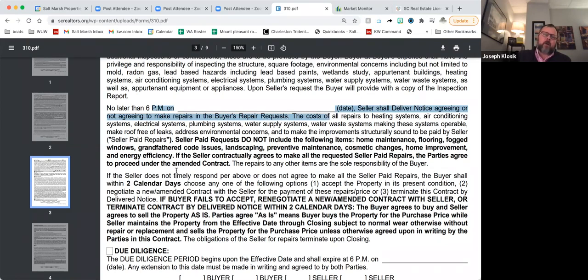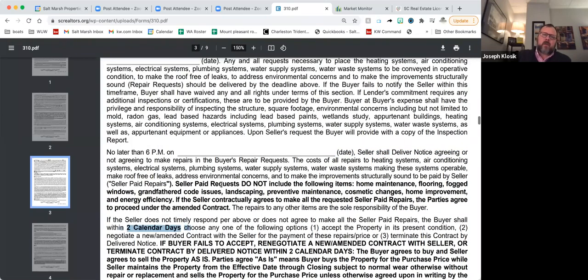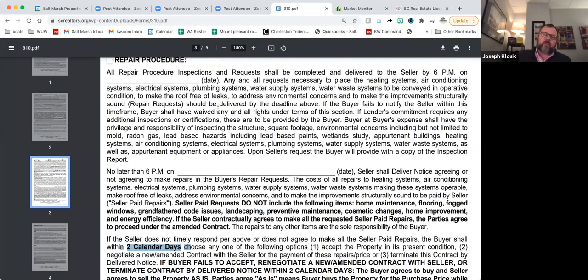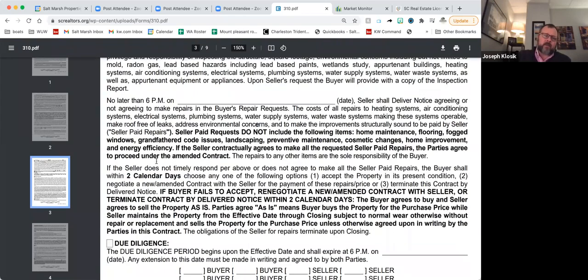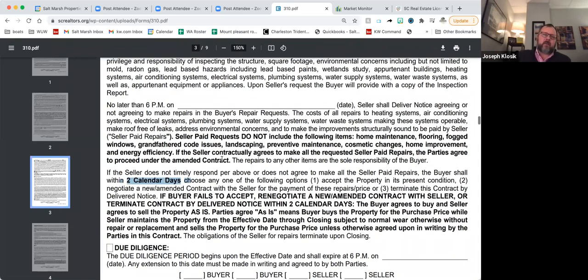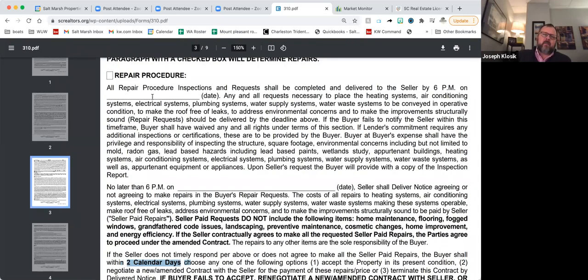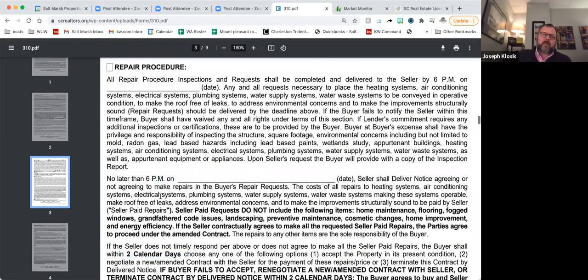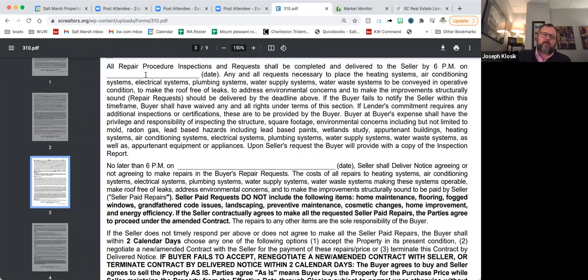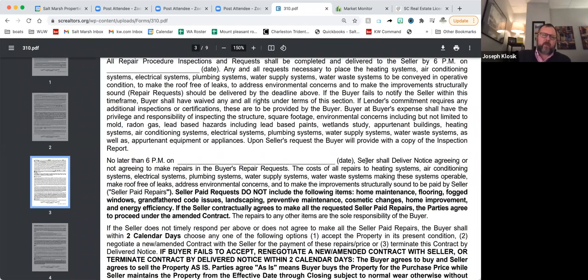There are parts of the marketplace that say 2 calendar days from when they submit their requests. The reason I don't agree with that is because, let's just for fun say this is the 20th and this is the 25th. Well, let's say they submit this on the 18th. They've got till the 25th to respond on here.